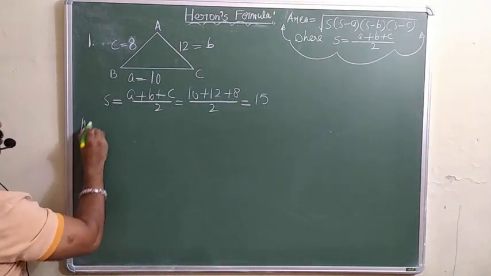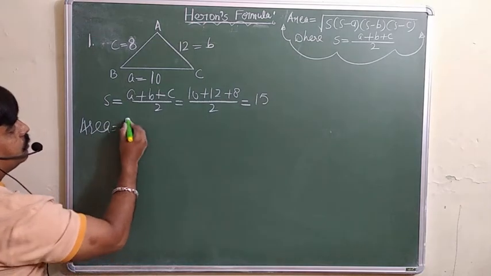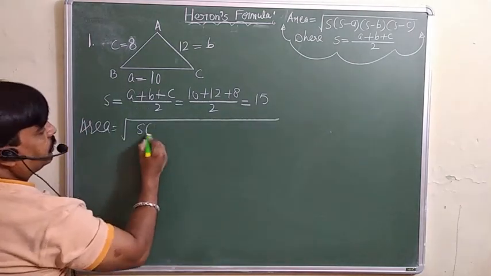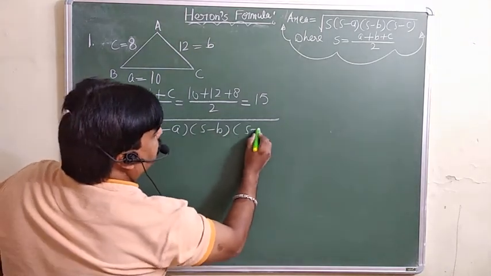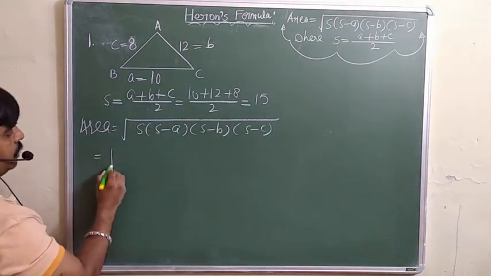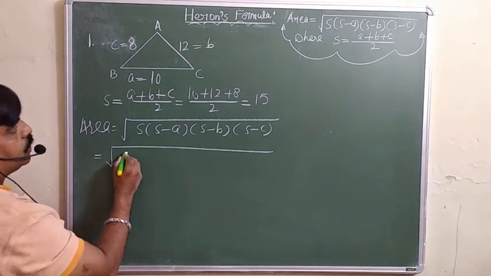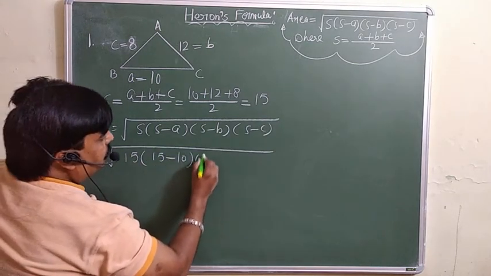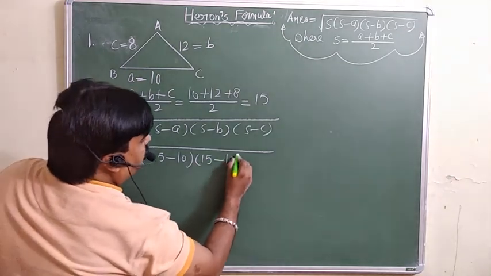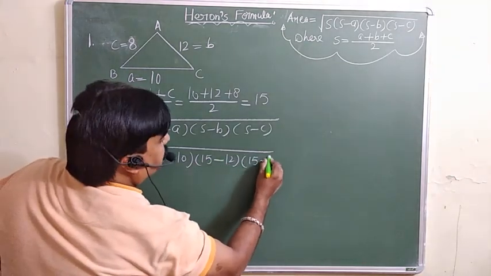Now Heron's formula you will apply. Area is equal to under root S into S minus A, S minus B, S minus C. Here S is 15, 15 minus A is 10, 15 minus B is 12, 15 minus C is 8.